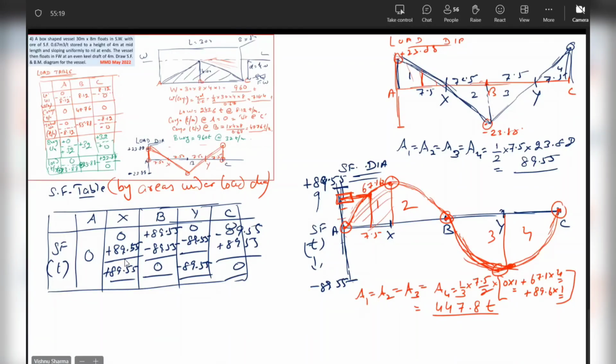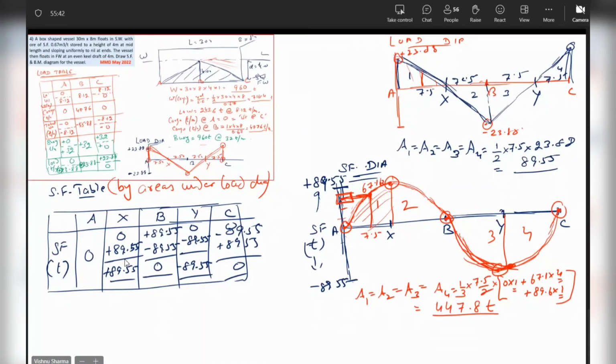Sir, one more time, how did we calculate this ordinate value? If you have to calculate this area by Simpson's rule 1, how will you calculate with 3 ordinates? First ordinate will be 0. And the third ordinate will be 7.5.